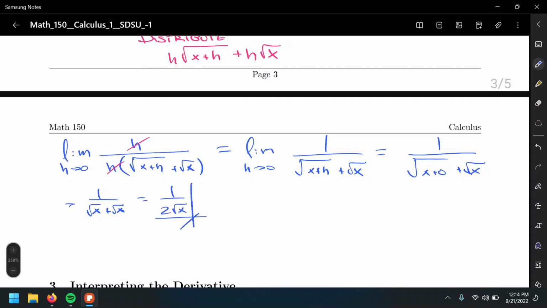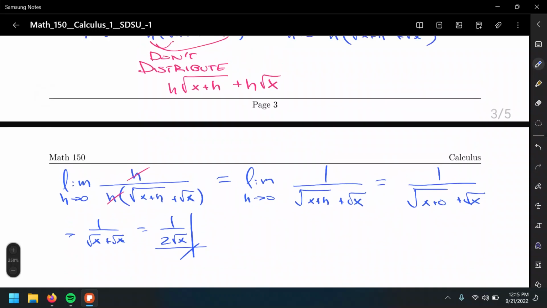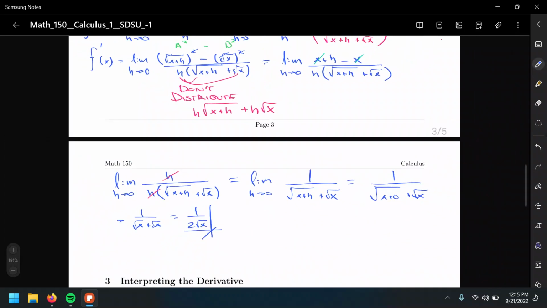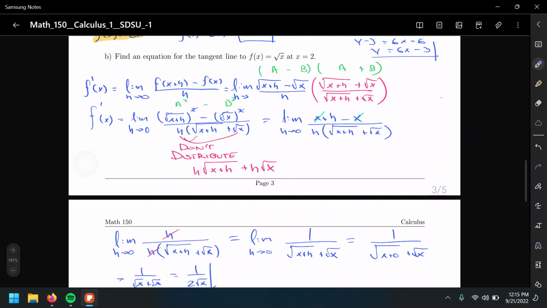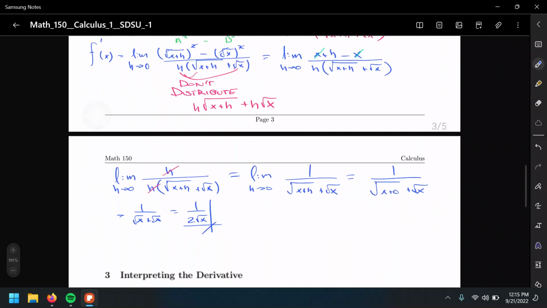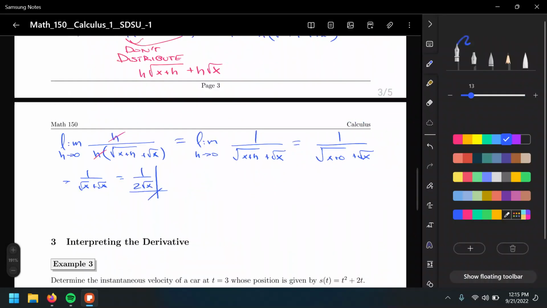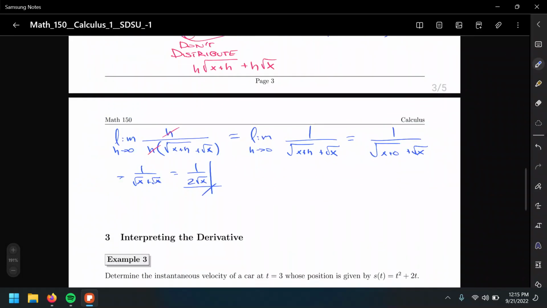So that's the derivative f prime, and this expression will be used to find the slope at every single point in the function. Well, actually they're asking us to find the slope and the equation at x equals 2. So number one, we need to find a point.